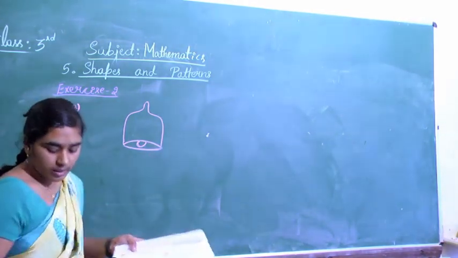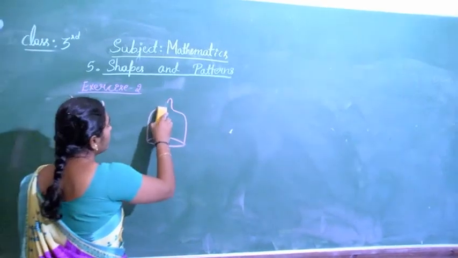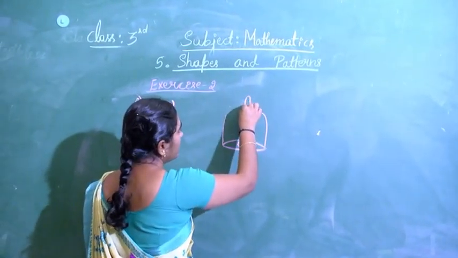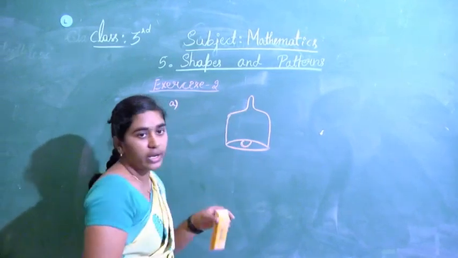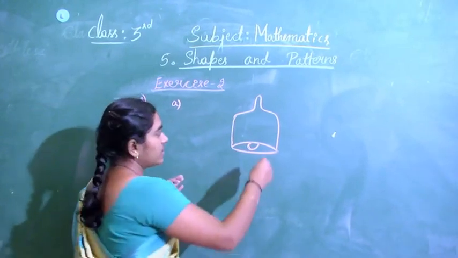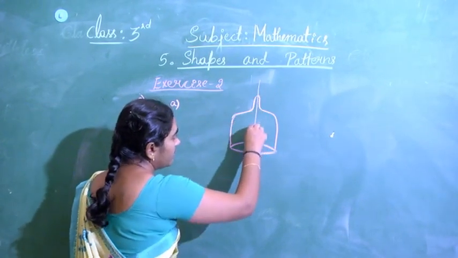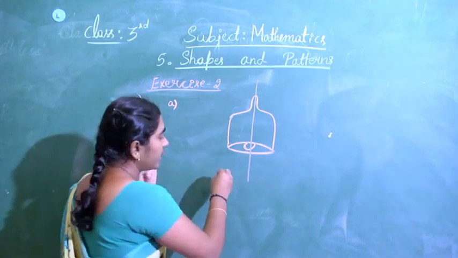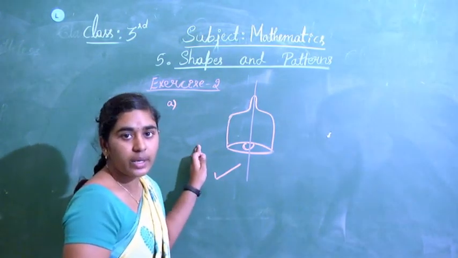They have given a bell here. So can we draw a line of symmetry for this picture? Yes. Like this we can draw a line of symmetry, so this picture is a symmetrical picture.